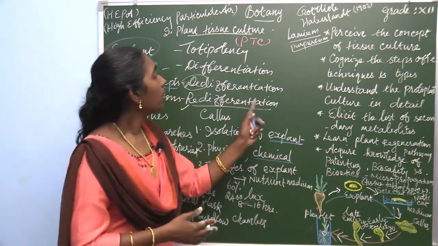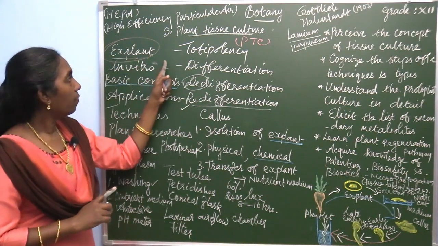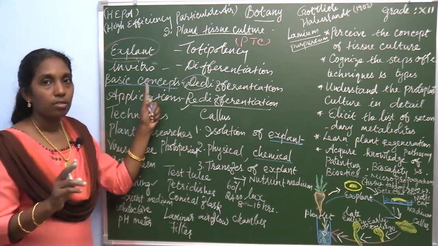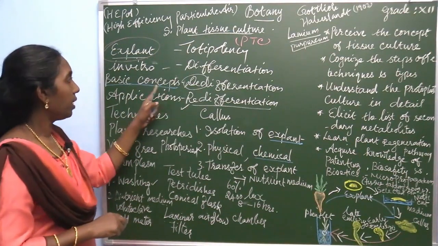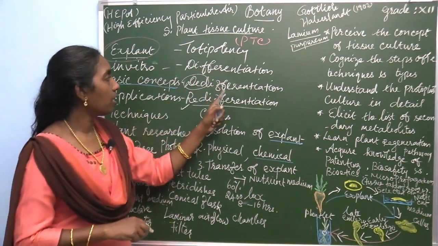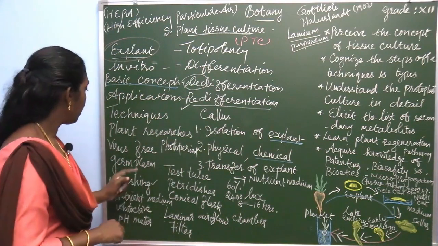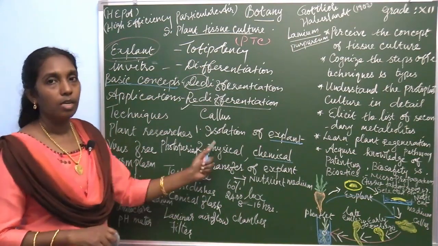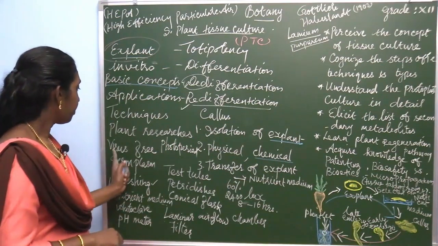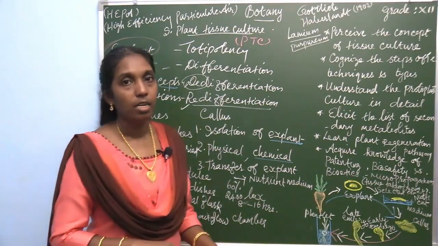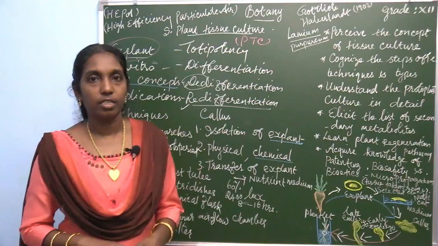So today you learned, first, the definition of plant tissue culture, a 2 mark question. Second, the basic concepts of plant tissue culture: totipotency, differentiation, de-differentiation and re-differentiation. Then the principles of plant tissue culture and the facilities given for plant tissue culture. Thank you.